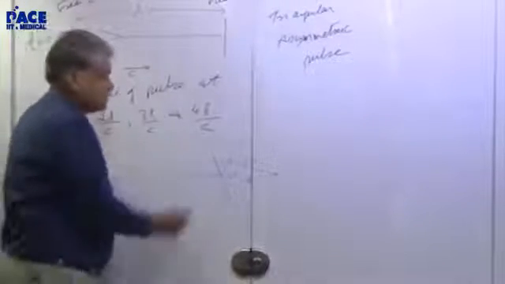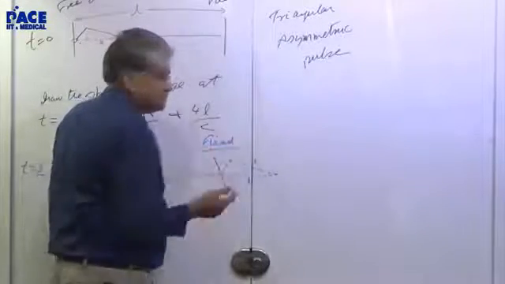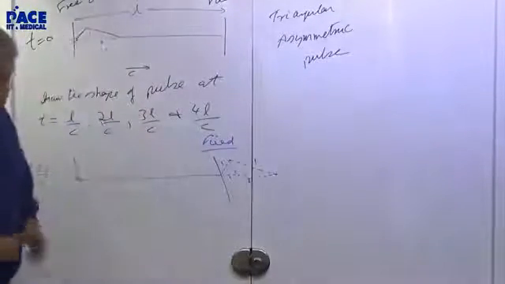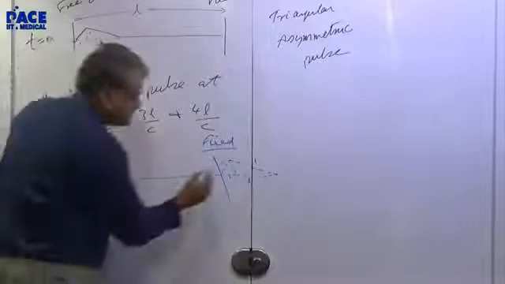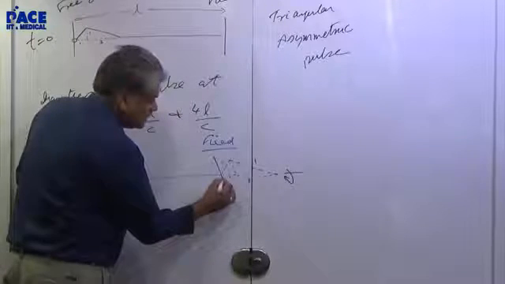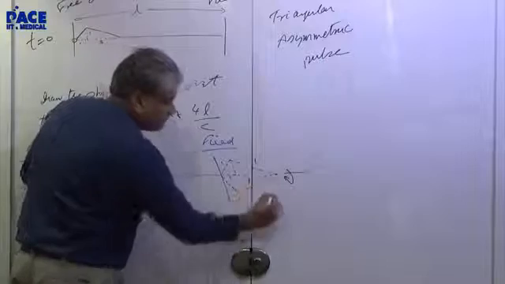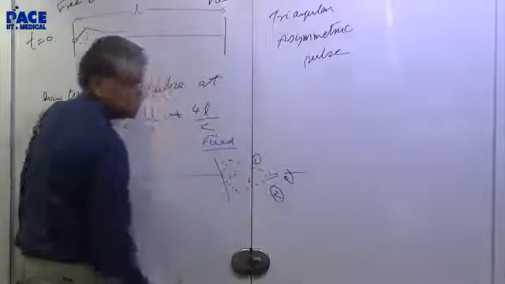Now it's a fixed end. So what will you do? The first thing is you will flip it. If it is flipped, it will now look like this. Flip it this way. This is position 2.